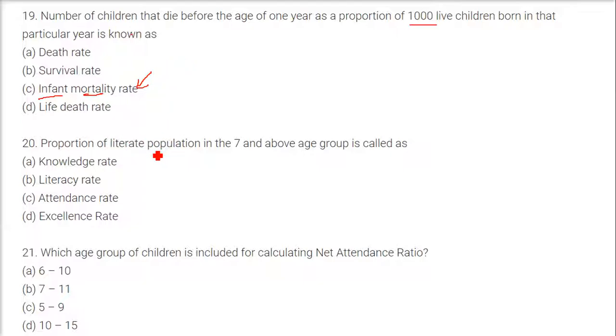Proportion of literate population in the 7 plus age group, that is anyone who is 7 plus and is able to read or write, is called, what is the answer? The answer is literacy rate. Which age group of children is included in calculating the net attendance ratio? It is 6 to 10.